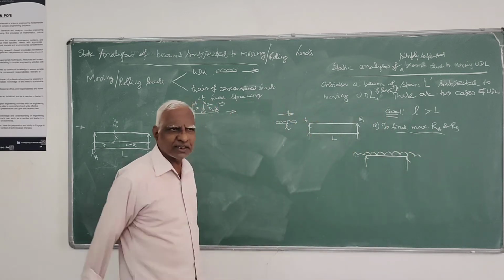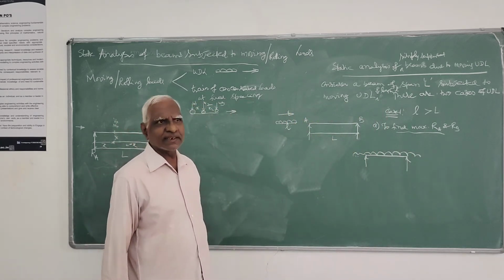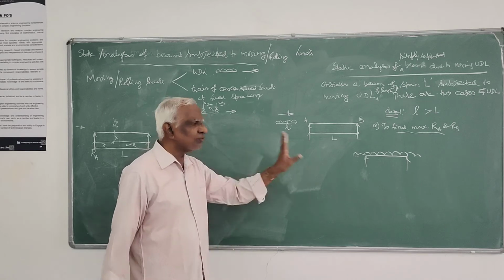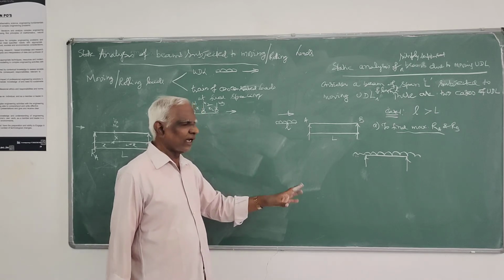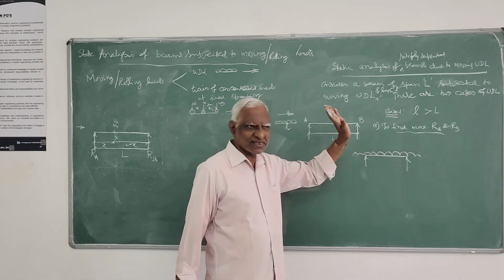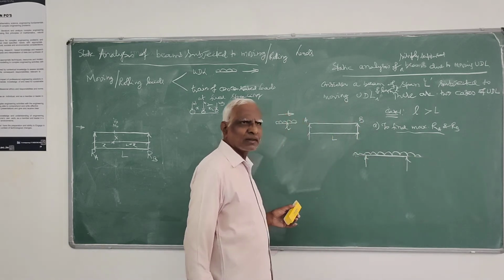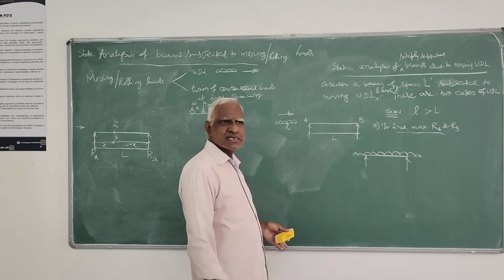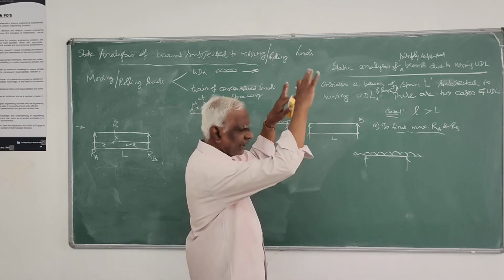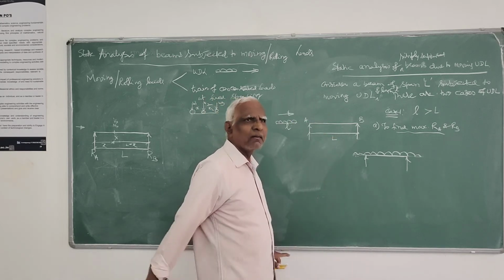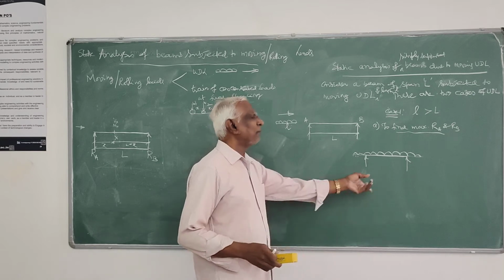This is the position of the load. When n is greater than L, the position of that moving UDL has to be like this. So this is the moving UDL, which is larger than the span of the beam itself. That entire span has to be covered in order to get maximum reaction.